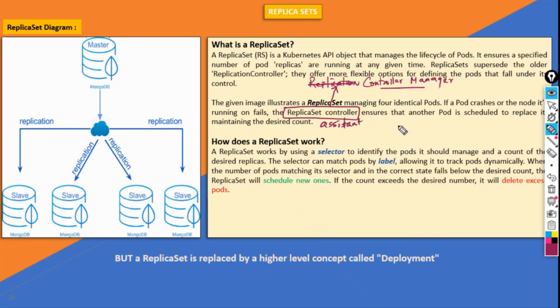The assistant manager will be called upon by the controller manager whenever there is a replication job. Therefore the replica set controller will be called by the controller manager, because I need a replication of 4 replicas of the MongoDB.